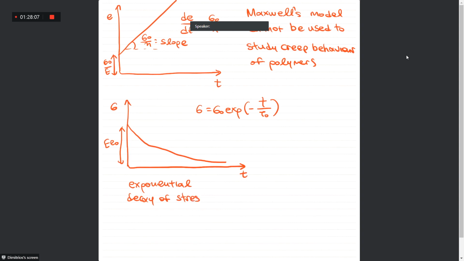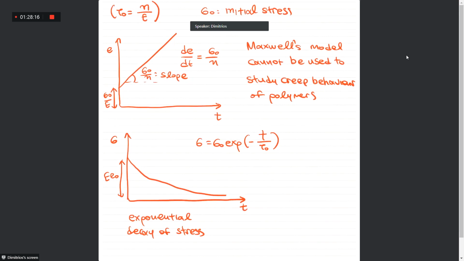We already saw in the previous slides that when we apply a constant strain, the stress is exponentially decreasing. So Maxwell's model can be used to study the relaxation behavior of polymers.